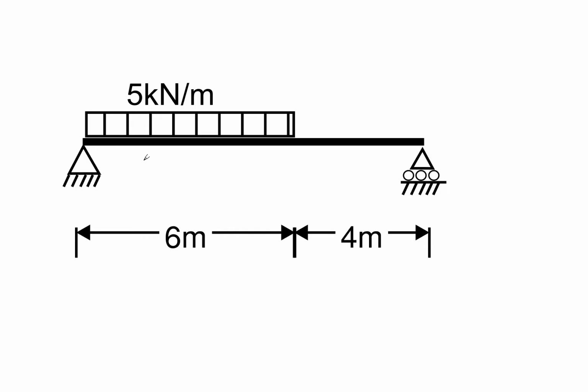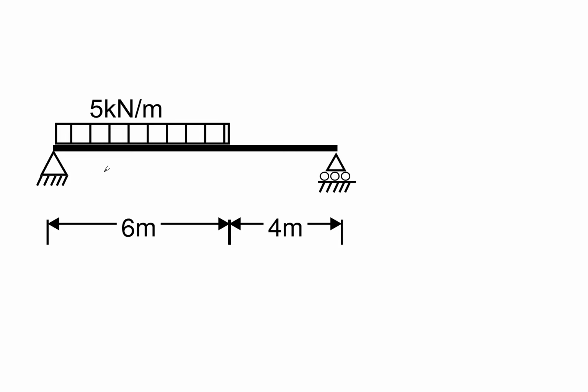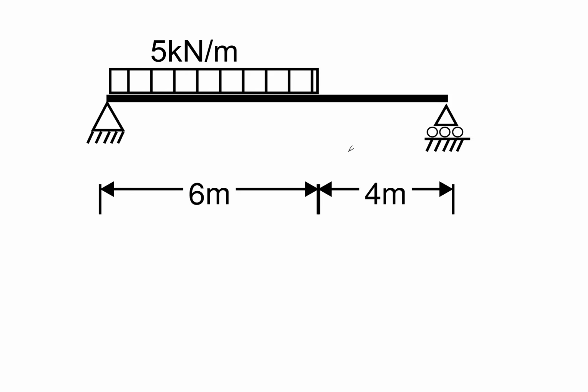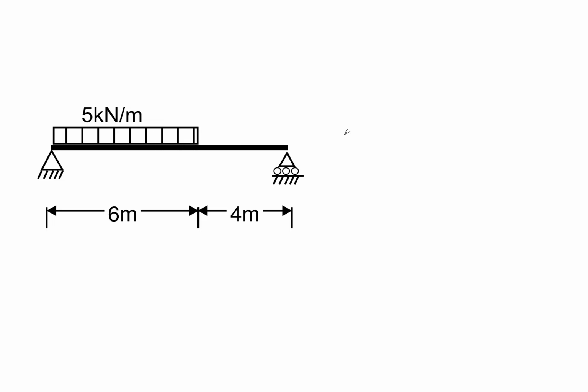Moving on to the next one. This one is not so lucky, because you need to get your reaction forces first, otherwise it's a bit difficult to draw the bending moment diagram straight away. Based on statics, let's call the reactions AY and BY. You convert the load into a point load, 5 times 6 is 30 kilonewtons, acting at a lever arm to AY of 3 meters, half of that.